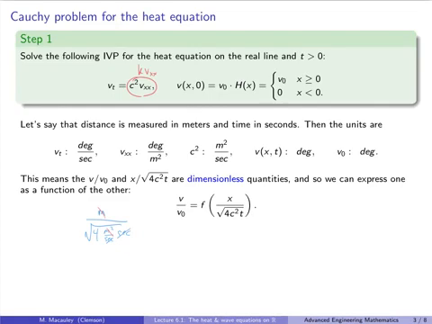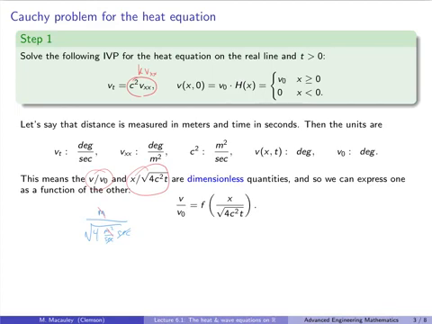So because of that, most books have this quantity root 4kt, and so I just want to keep this for consistency. You are certainly welcome to make this a 2c if you want. Okay, so we have these two dimensionless quantities, v over v naught, and so we can express one of them as some unknown function of the other.